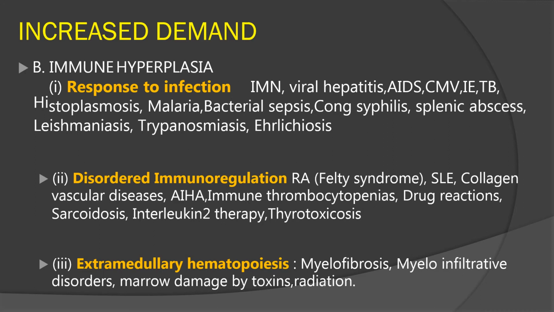It can also be seen in immune hyperplasias, that is, response to infections: infectious mononucleosis, viral hepatitis, acquired immunodeficiency syndrome, cytomegalovirus, infective endocarditis, tuberculosis, histoplasmosis, malaria, bacterial sepsis, congenital syphilis, splenic abscess, leishmaniasis, trypanosomiasis, and ehrlichiosis.